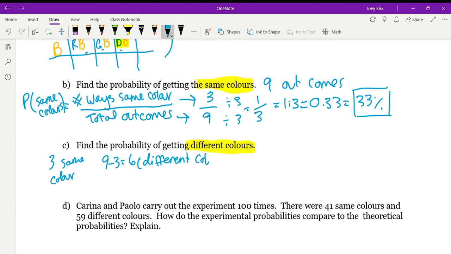Because that's whatever's left over. We can't always do that, but in this case, you can. If they said what was the probability of getting red then blue, we couldn't do this, but you can look or you can count. So 6 out of 9, and we're going to pull out a common factor, which is going to be 3 to give us 2 over 3.